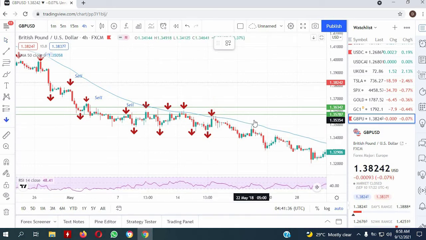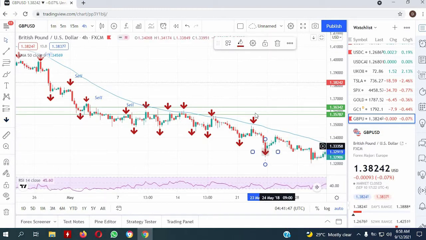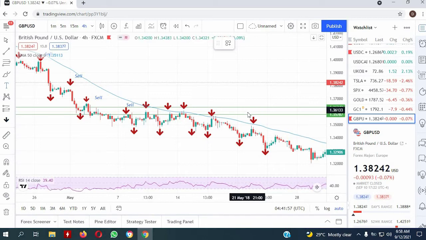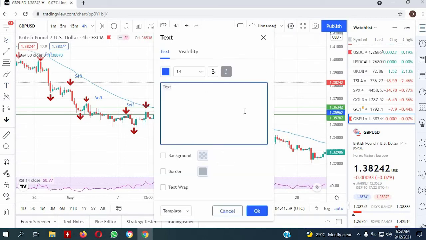Boom, the market comes back and then pushes down, creating lower highs and lower lows, right? So what we are going to do right here is sell. This is where we are going to enter.